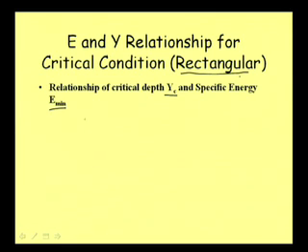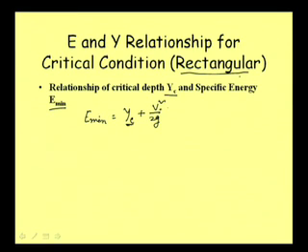So we can start like, E minimum is equal to y c plus v square by twice g. As we are writing E minimum, we are writing here y c, the critical depth.